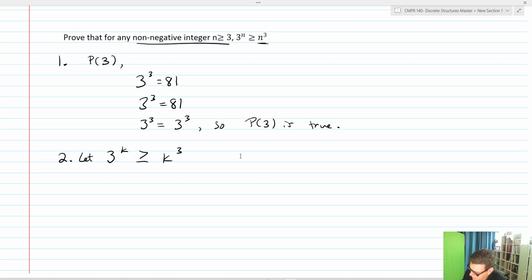By assumption, we'll take 3 to the k plus 1, which equals 3 to the k times 3, which in fact is going to be greater than or equal to 3 times k cubed.